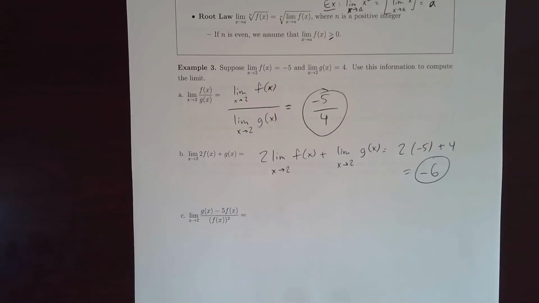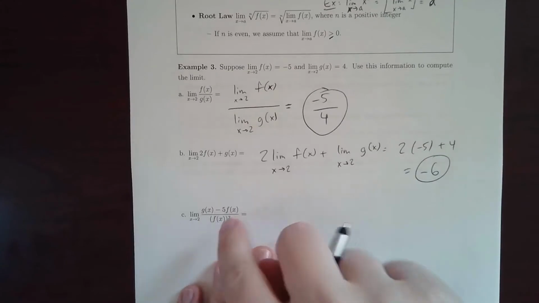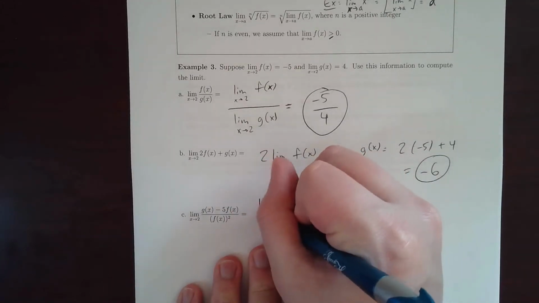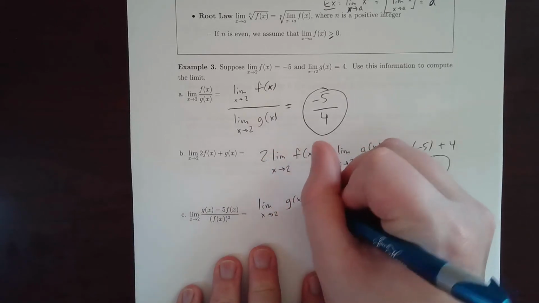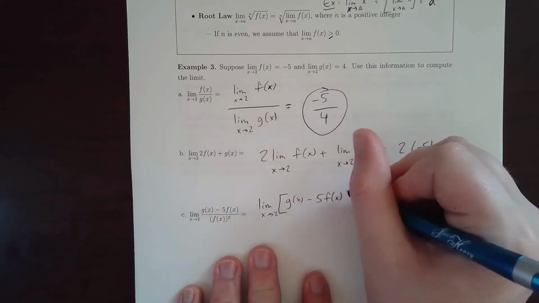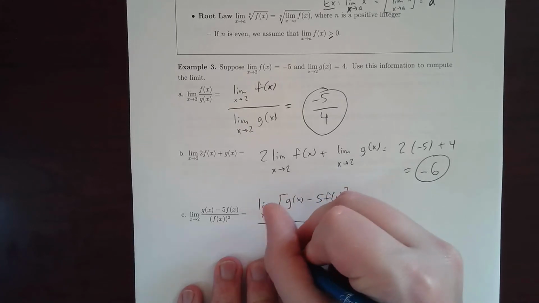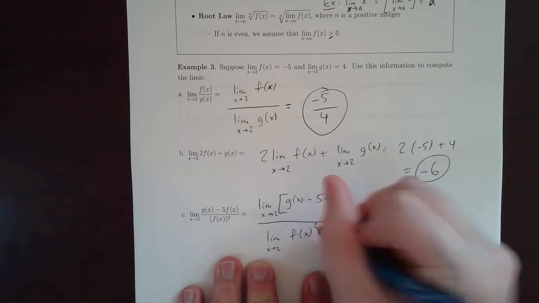So suppose this is what we have as our function breakdown, and we want to split things up. Well, the first thing that we know is that we can divide this into a top limit and a bottom limit. So we have the limit as x approaches 2 of g of x minus 5 f of x, and maybe to help with this I'll put it all in brackets, divided by the limit as x approaches 2 of f of x squared.